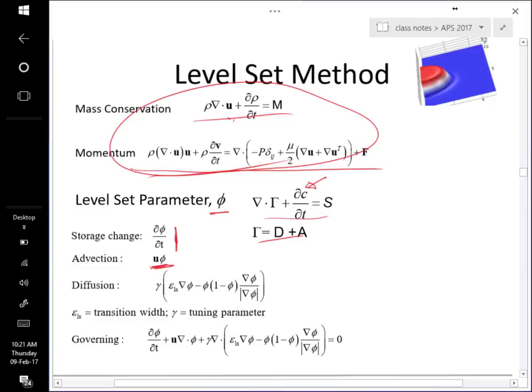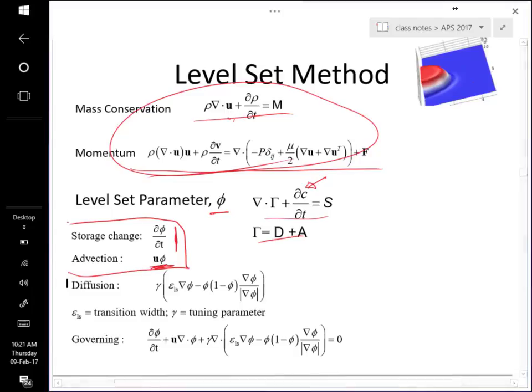Okay, so ideally we would just do this. We would have phi changing with time, and it's just moving around with the fluid flow. So the fluid flow goes in this way, and it pushes some phi over there, and that accounts for how the fluids are moving around.